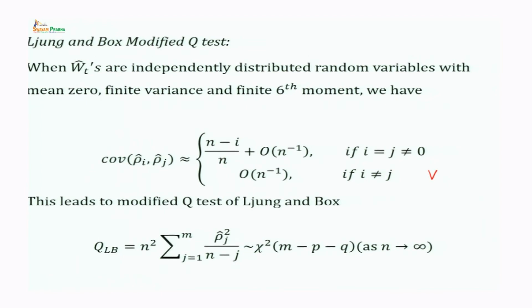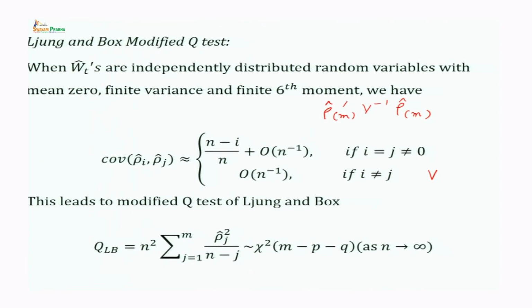Then if you consider the statistic rho hat m transpose V inverse rho hat m, since V is a diagonal matrix and these are the diagonal elements of V, its inverse elements are n/(n minus 1), n/(n minus 2), and so on.